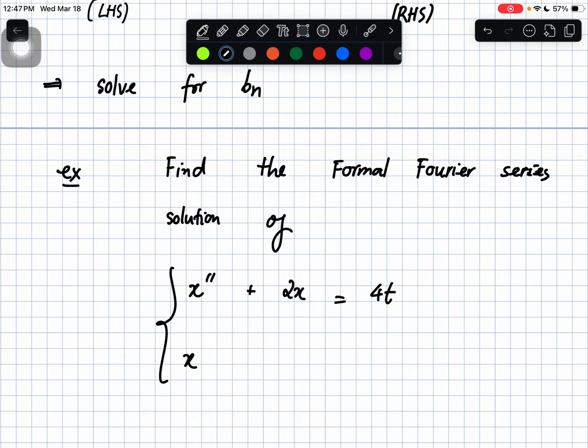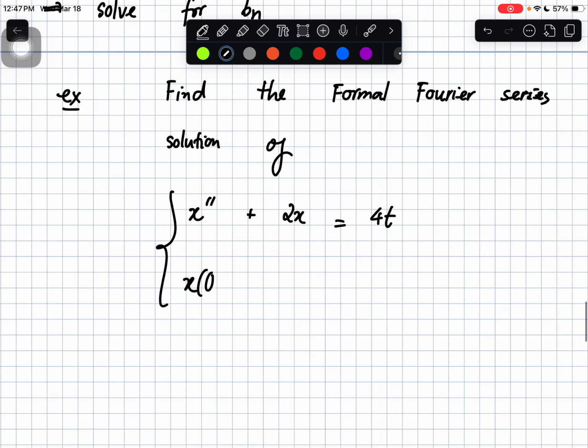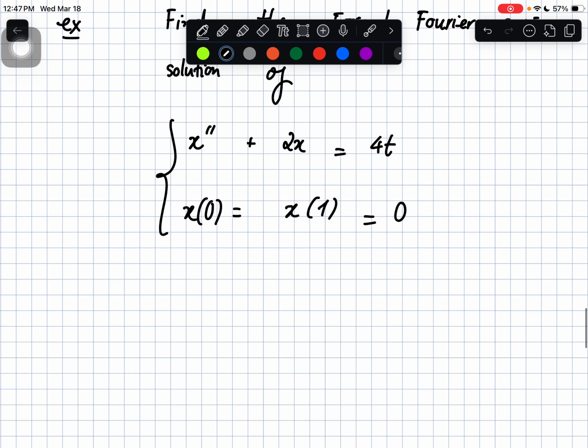The boundary condition is x(0) equals x(1) equals 0. So we know that this is the Dirichlet condition. We use the Fourier sine series.